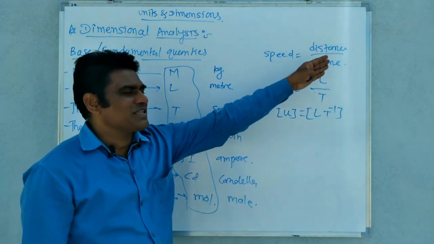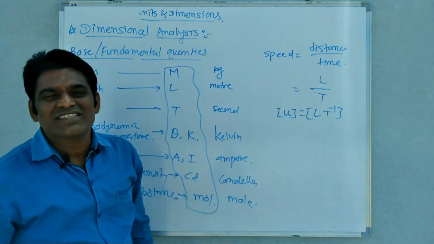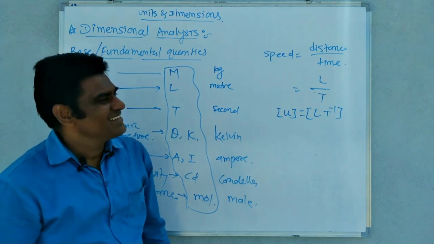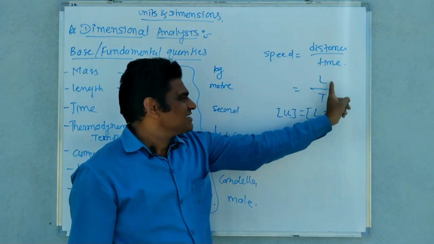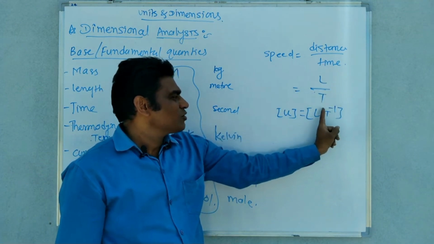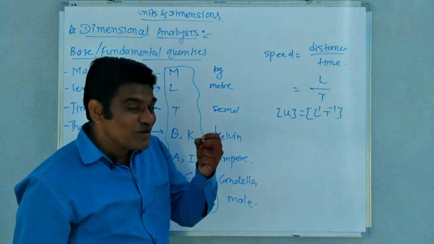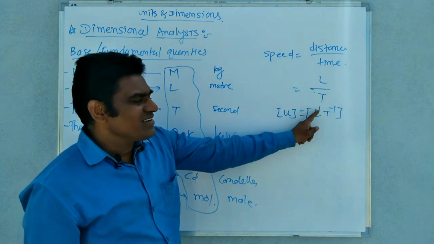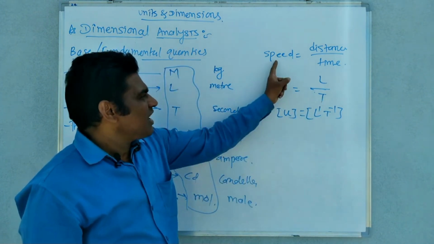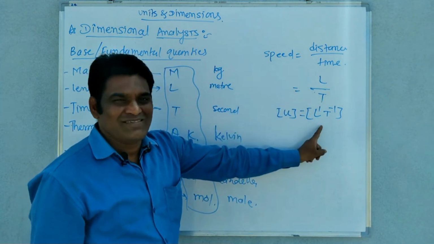With the help of these two base quantities, this derived quantity is obtained. So L to the power 1, T to the power minus 1. We can say 1 is the dimension of speed in terms of L.